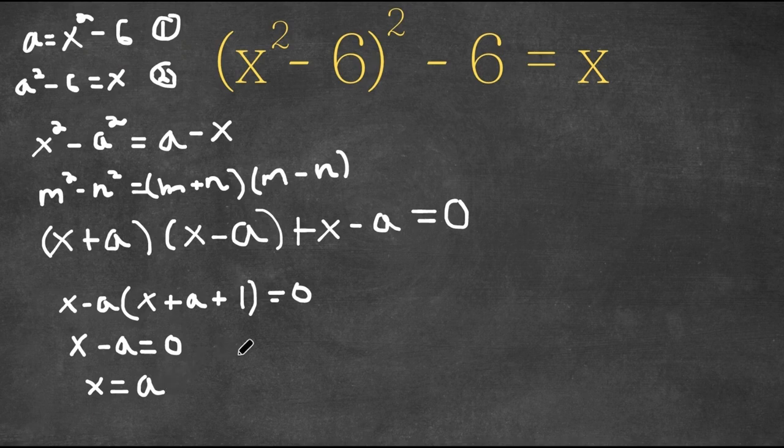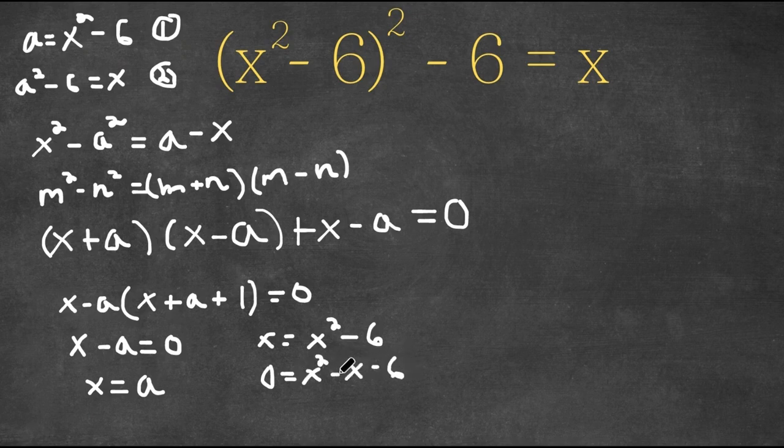And if x is equal to a, and remember, a is equal to x² − 6, that means x equals x² − 6. And if we subtract x on both sides, we get 0 is equal to x² − x − 6.